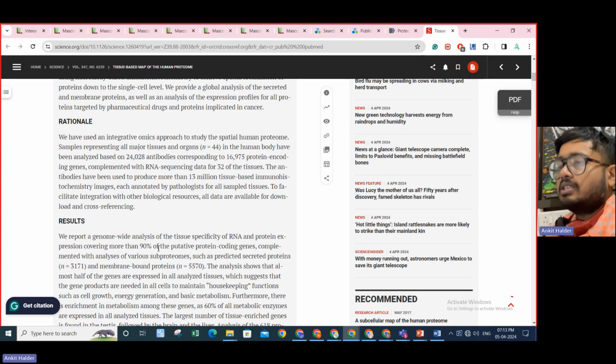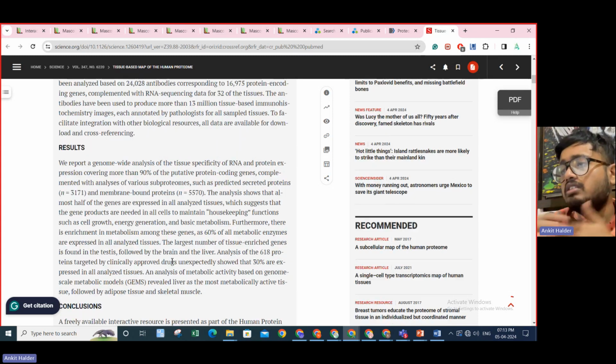Further, there is enrichment in metabolism among these genes: 60% of all the metabolic enzymes are expressed in all analyzed tissues. The largest number of tissue-enriched genes is found in the testes, followed by the brain and the liver. Analysis of the 618 proteins targeted by clinically approved drugs.